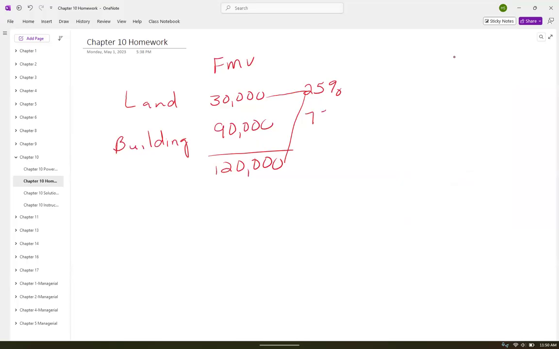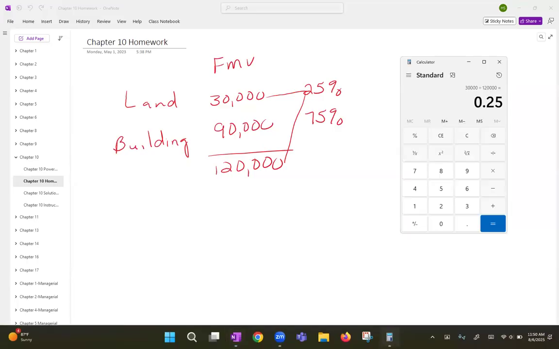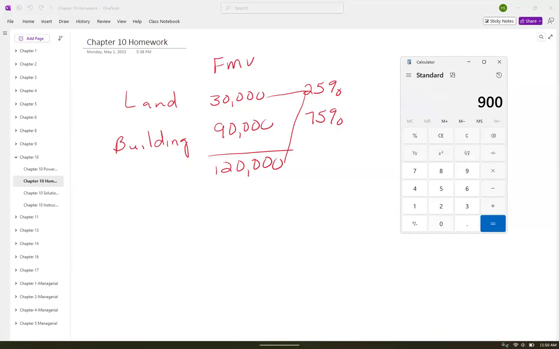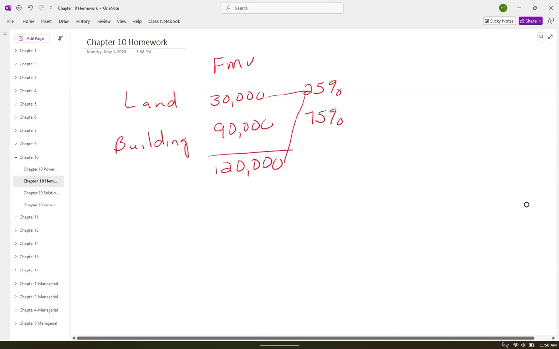Process of elimination tells us that that's probably going to be 75%. But if you're a little OCD, you can always put that in your calculator to make sure you get the right number. So that's 75%.